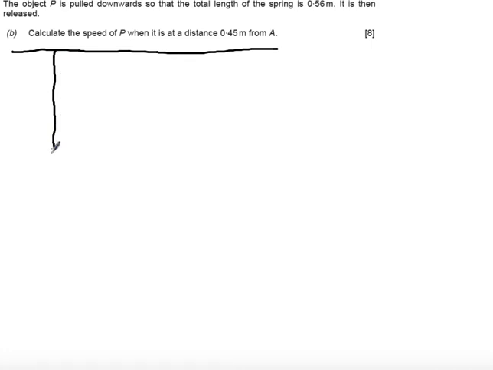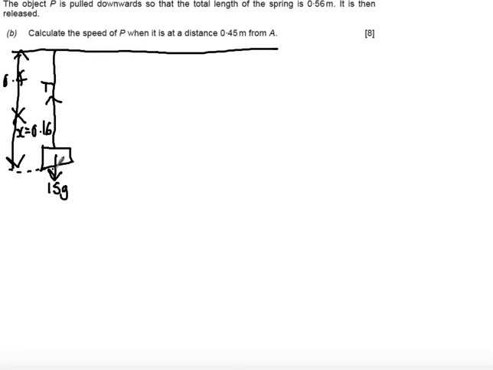I have this situation where here's my particle of mass 15g. I have a tension acting upwards. What we have is the natural length, which is 0.4, and an extension of x equal to 0.16.